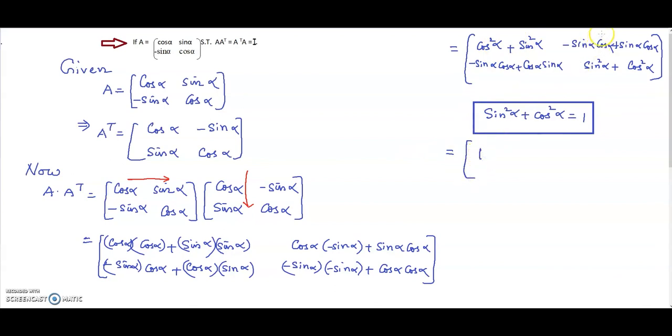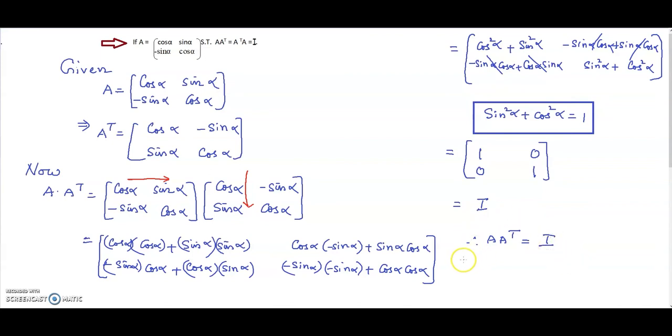Here minus and plus both get cancelled, we get 0. Here again the minus term and plus term get cancelled, we get 0. And once again we use the identity, sin square plus cos square is 1. So 1 0 0 1, this is an identity matrix of order 2 by 2. Therefore A into A transpose is equal to I.